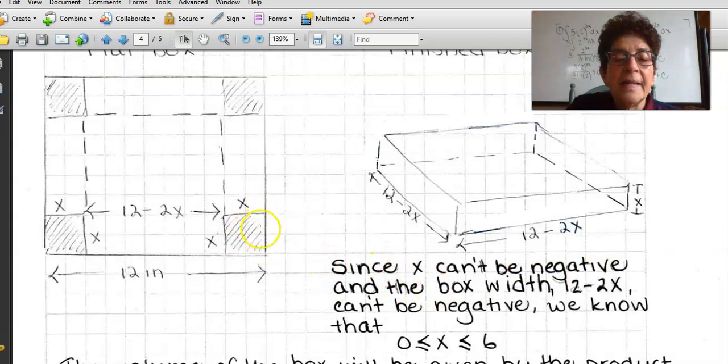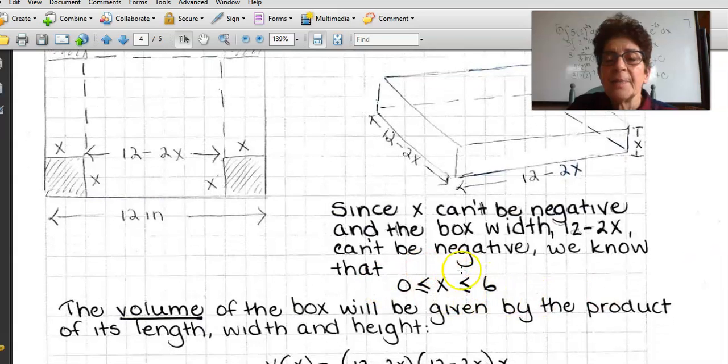If you didn't cut anything out of the corner, you'd be left with a flat piece of metal you can't fold up. If you think about the largest value of x, if x was half the width of the box, like 6 inches, you would wind up cutting away the entire box, and there would be pretty much no box left. We know that the width and the length can't be negative, so we can't let anything become a negative number. So it looks like x is trapped between 0 and 6.